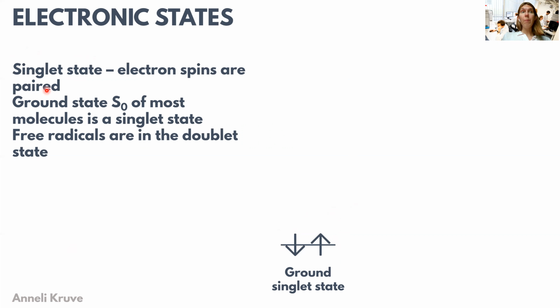However, some molecules, such as free radicals, are in the doublet state. This means that the electrons are not paired. This is also the reason why radicals have paramagnetic properties, while most molecules have diamagnetic properties.